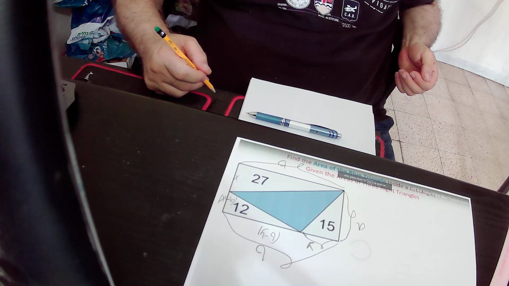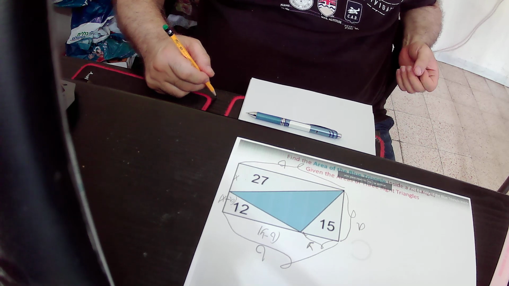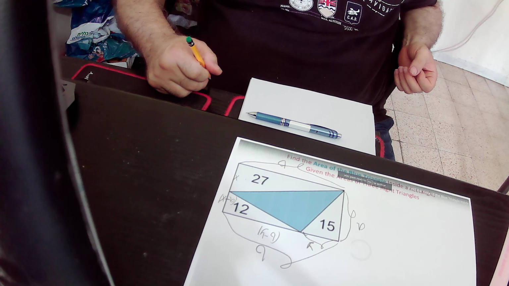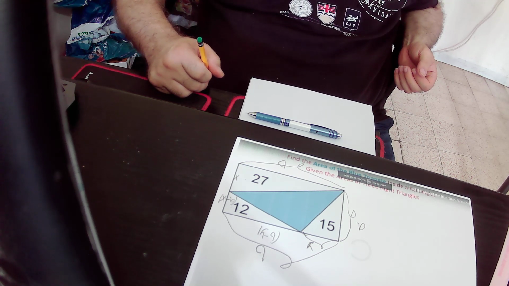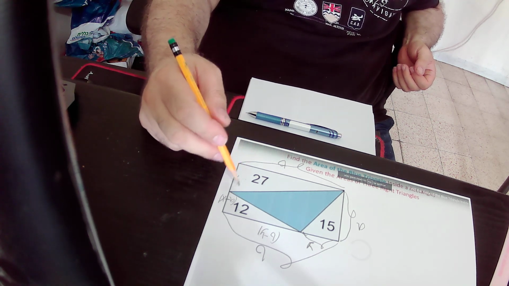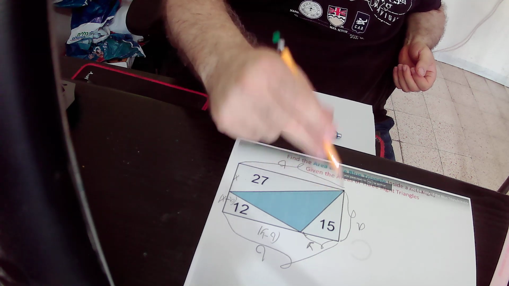Okay, so in the next step we will create the formulas for the areas of those three right triangles.